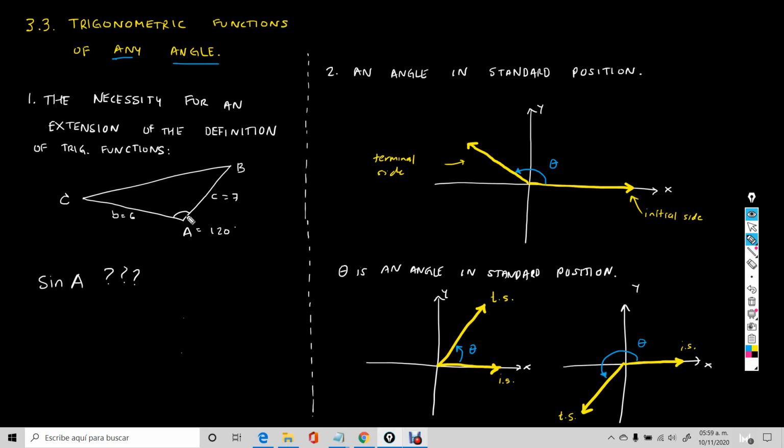Why not? Because the angle A is 120 degrees, which is an obtuse angle, and there is no definition for this type of angle. For the trigonometric functions of angles greater than or equal to 90 degrees, we have no definition yet. And so you cannot manipulate this triangle by starting to write things like this. This will be completely undefined.